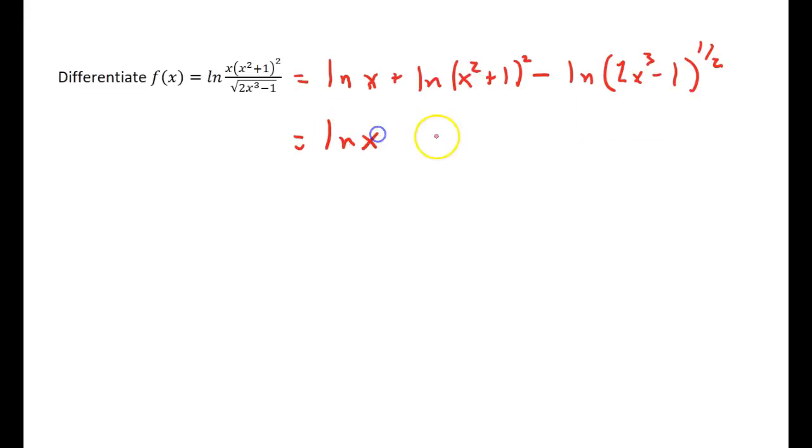And doing a little bit more work on here, I'll bring this 2 around front and the 1/2 around front here. Whoops, I left off my natural log, didn't I? Let me put that in there.